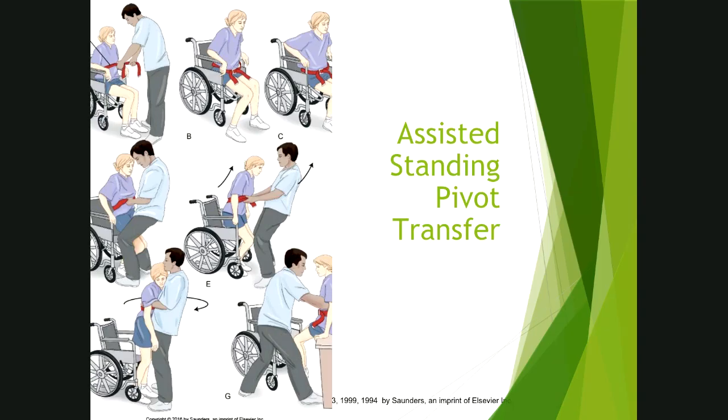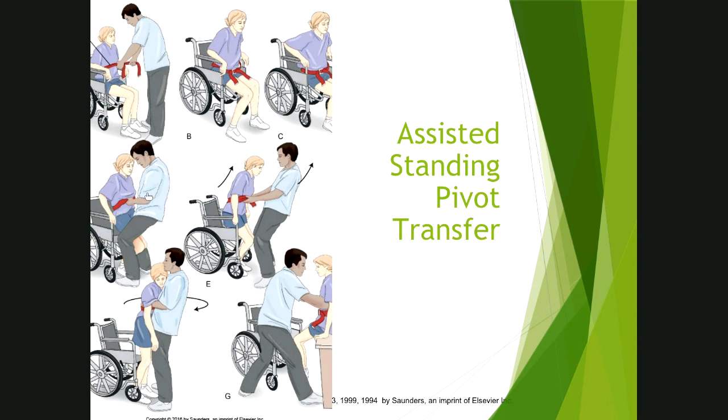The assisted standing pivot transfer, you can see that these pictures tend to not go with the words; the pictures are always beyond the words. So the assisted standing pivot picture is on 146, and they actually talk about it on 145. But you can see she's in the wheelchair. Let's assume he locks the wheels, and then she's going to scoot to the front of the wheelchair, and then he's using this transfer belt to help her stand up.